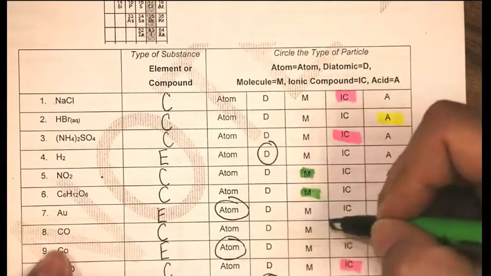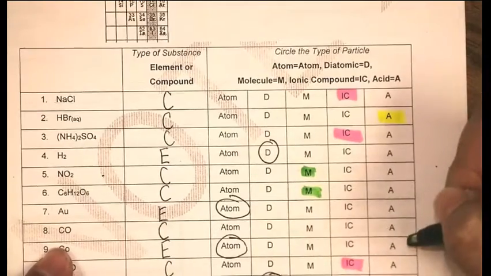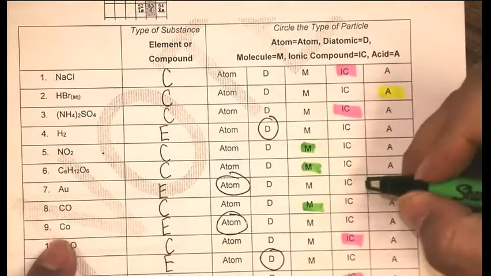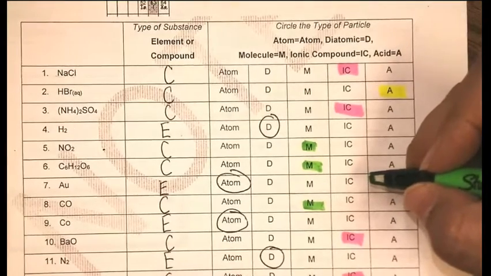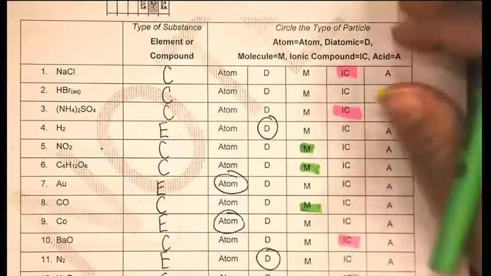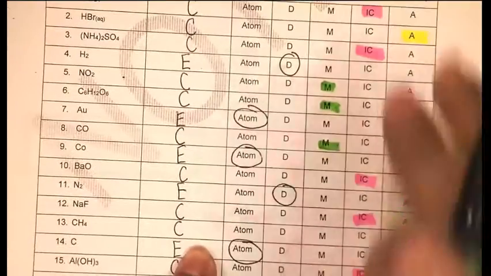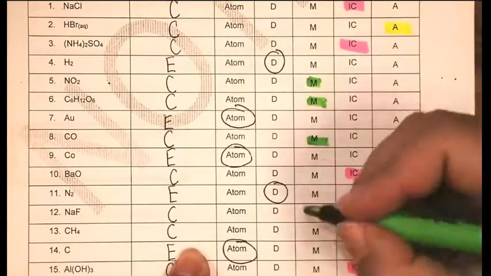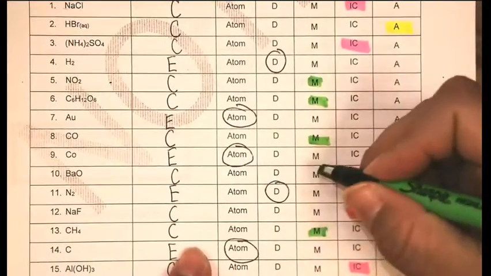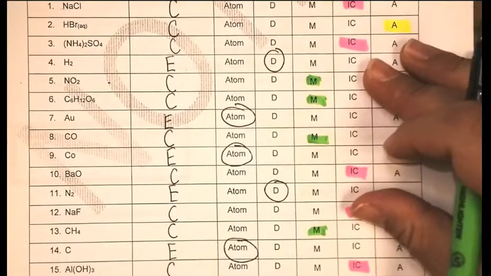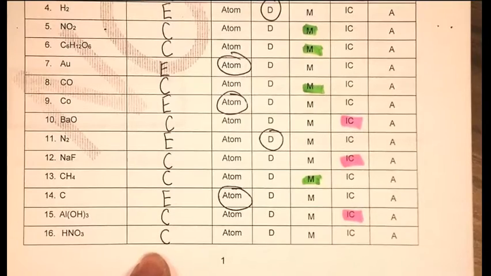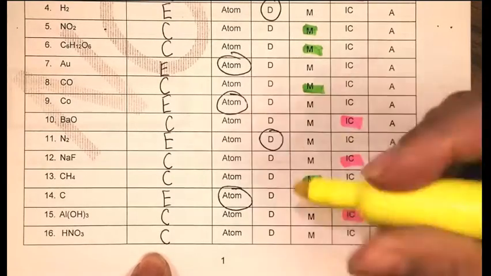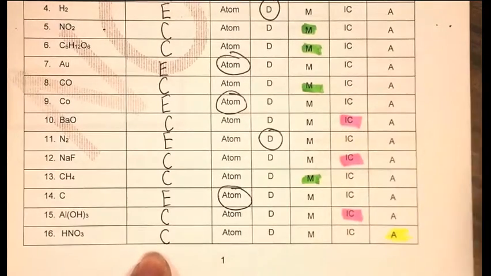That one's done. CO doesn't start with an H, molecule. Next one we have to do is 13. 13 doesn't start with an H, molecule. And then the next one down here, HNO3, starts with an H, so it's an acid.